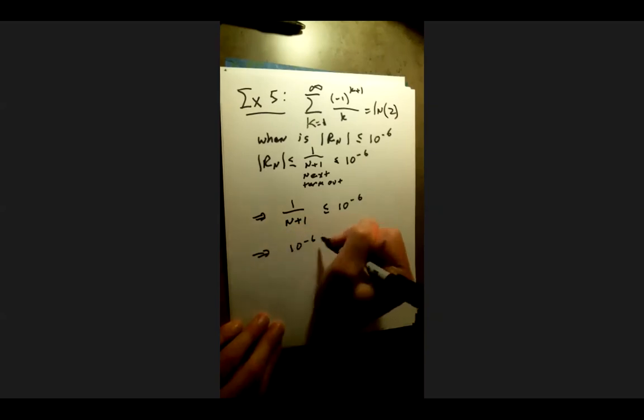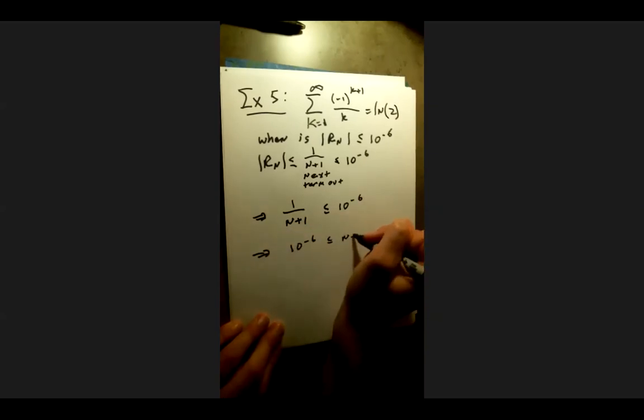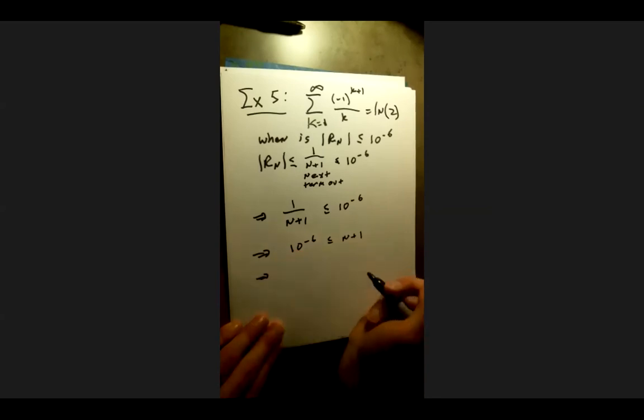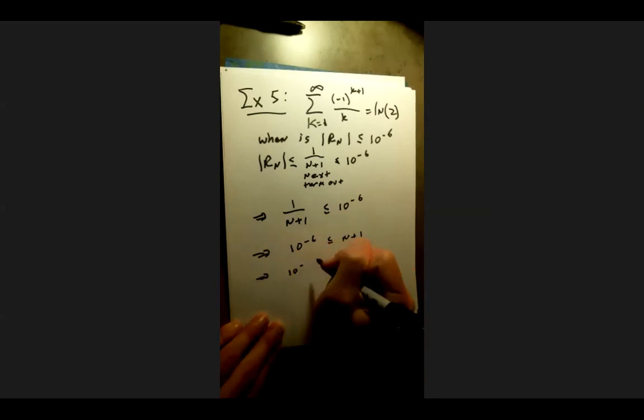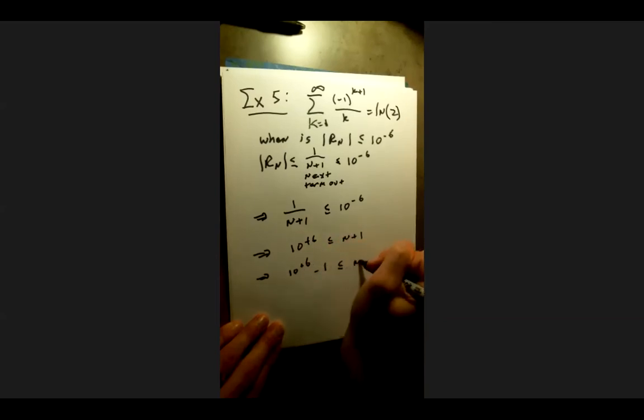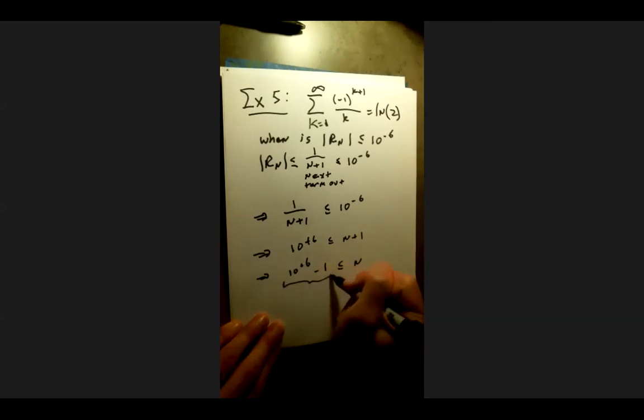So 10 to the negative sixth is less than or equal to n plus 1, or rather 10 to the plus sixth is less than or equal to n plus 1. So 10 to the plus sixth minus 1 is less than or equal to n, which, 10 to the sixth I think is a million.